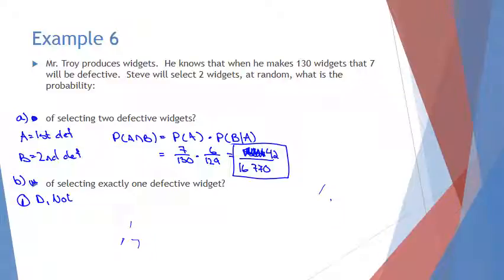And you don't need the formula all the time, so I'll show you in this one you don't need the formula. So defective, we know that the first one would be 7 out of 130, because there's 7 defective. Now for not defective, I want you to think, well, how many widgets would not be defective if 7 are defective? Okay, well, 123, hopefully you thought of.